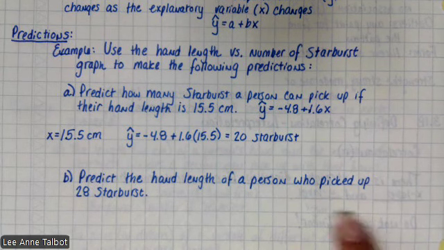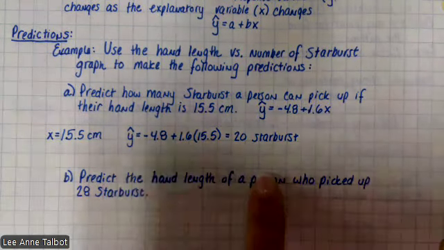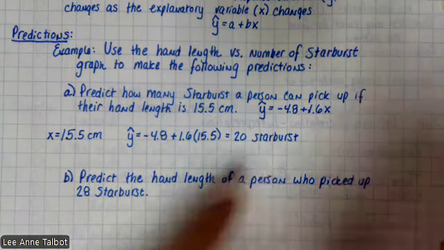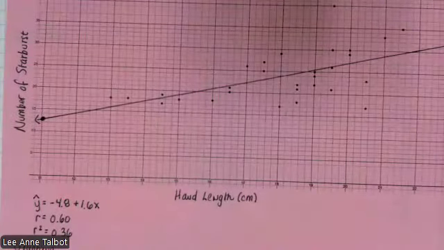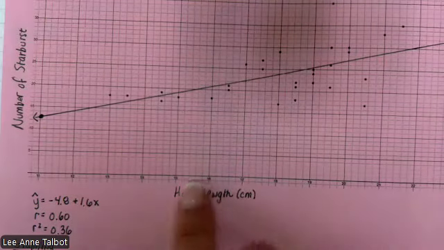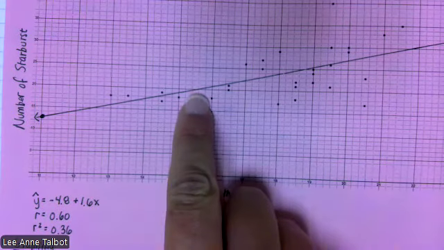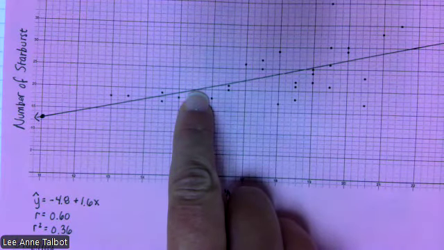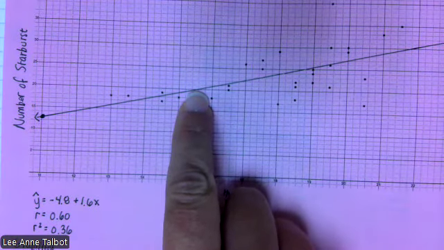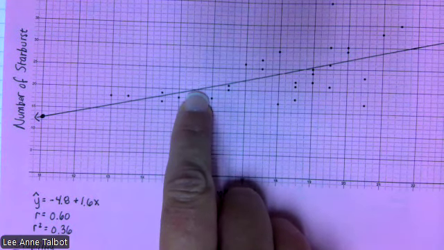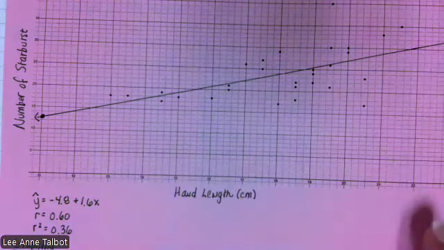Okay, then, just because we're really studious people, we are going to check our line. We're going to go over to 15.5 in our minds and see if that answer of 20 makes sense. I like to be able to check my answers before I walk away.